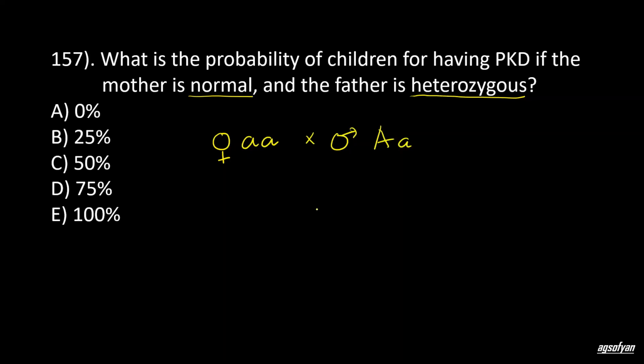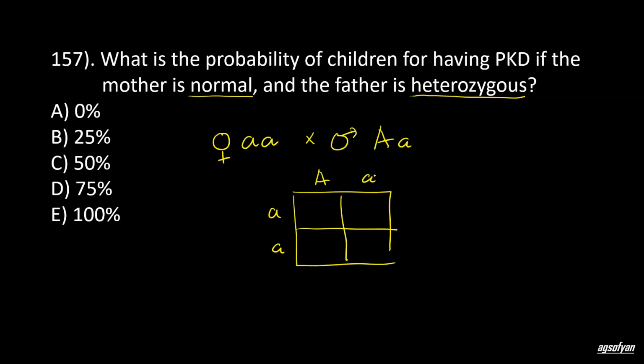Okay, now put them in the Punnett square. Mother, you put it here. Father, you can put it here. This is the sperm. And then you combine for the children. It's going to be heterozygous, which has the disease.